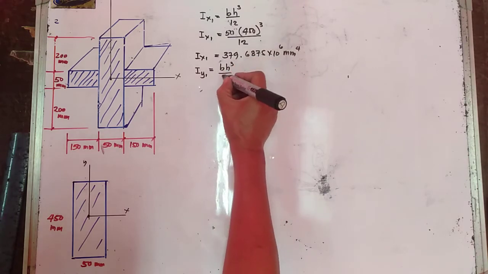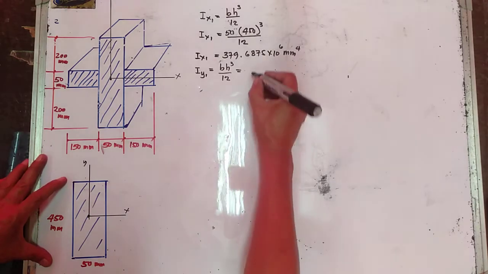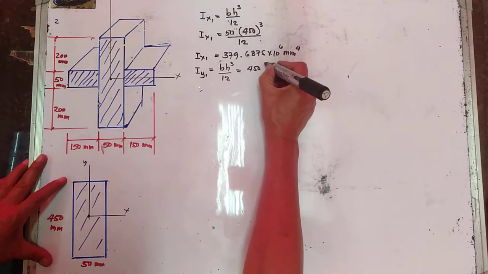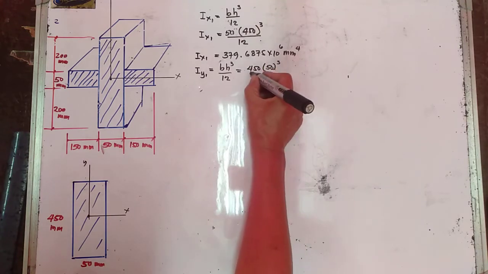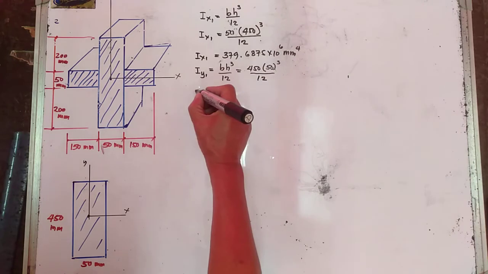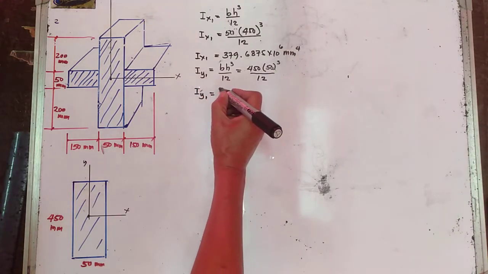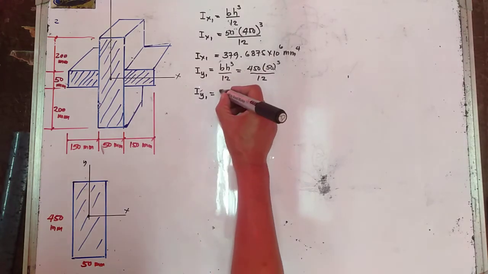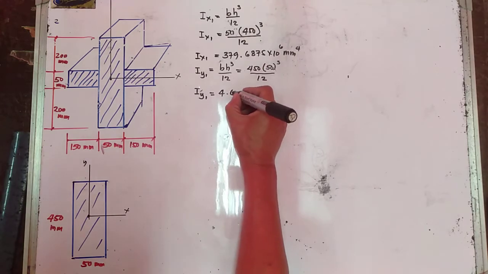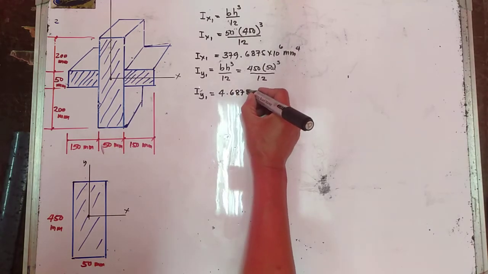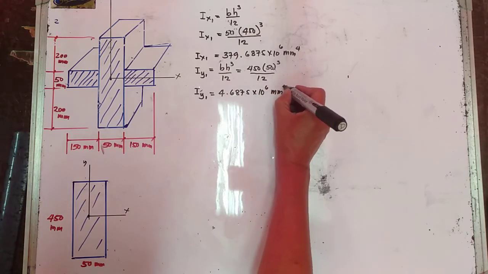Your b this time is 450 and your h is 50 cubed all over 12. So we have Iy1 equal to 4.6875 times 10 to the 6 millimeter to the 4th.